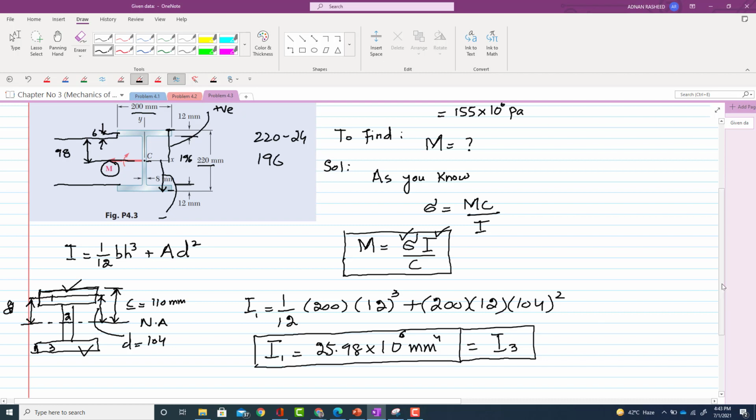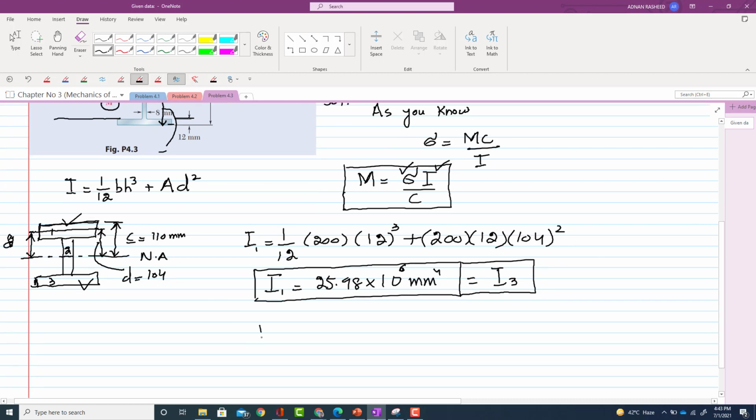Now we will move toward I2. What is I2? I2 is actually the moment of inertia of this. Let me show it with another color. This body is body number 2. So the moment of inertia of this body, if I write the same formula, is 1 over 12 BH cube plus AD square.